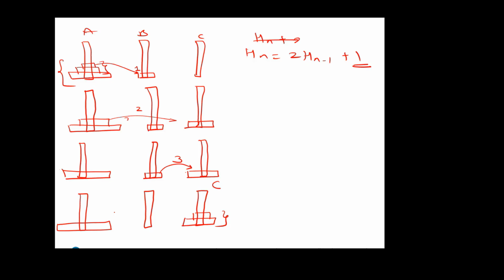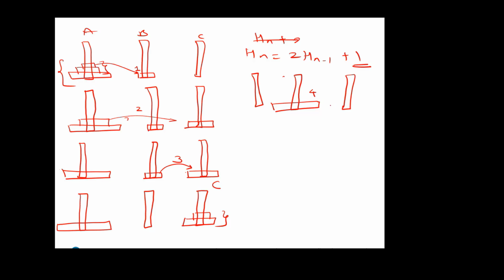Now, after I move the largest disk on B, I will need the same number of moves to get the n minus 1 disks back on B. So once I moved the n minus 1 disks from A to C, I again need to move those from C to B. So now I'm moving the largest disk on B, and this is my fourth move.